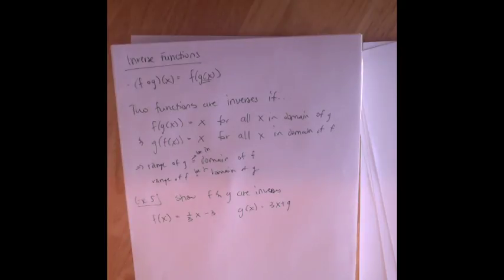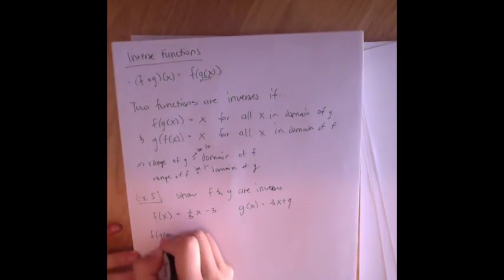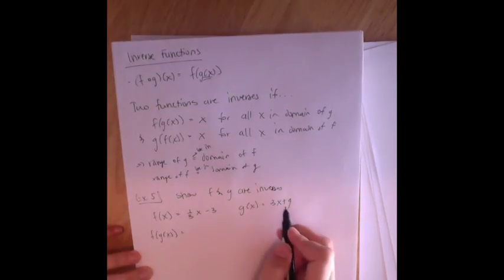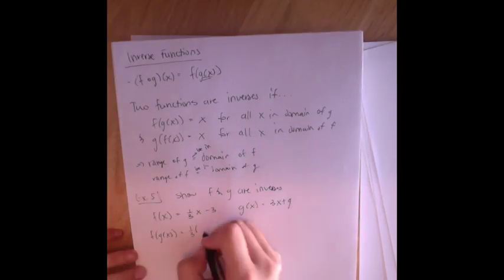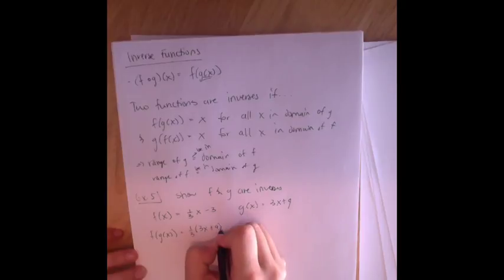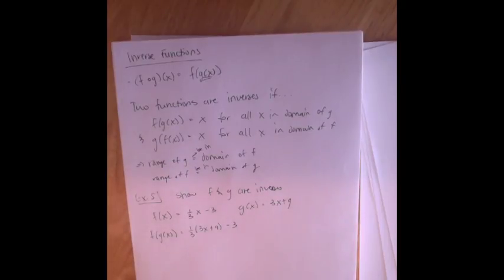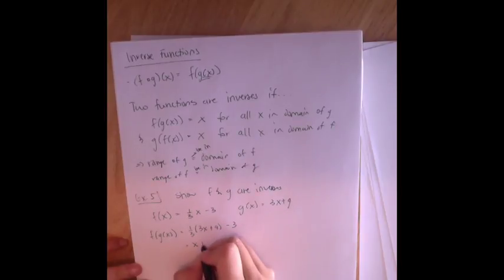So I first need to find f of g of x. So I'm going to plug in g of x into f here. So I'll get 1/3 times 3x plus 9 minus 3. Well, 1/3 times 3 gives me x, plus 3 minus 3 gives me x.